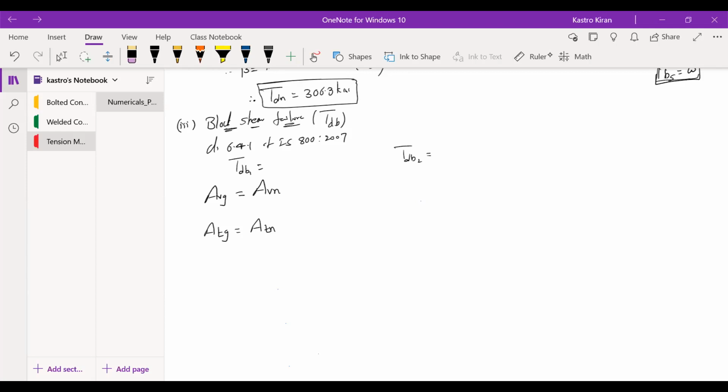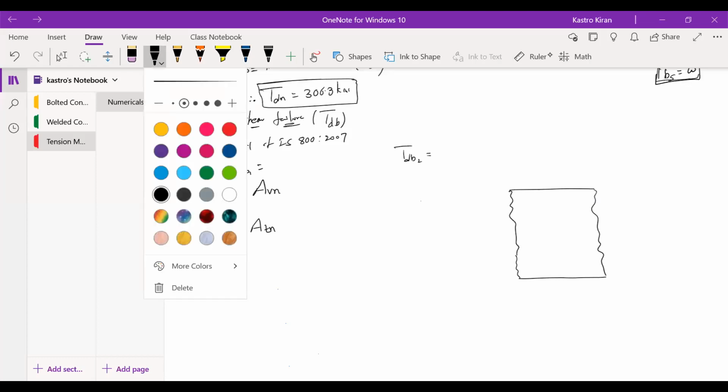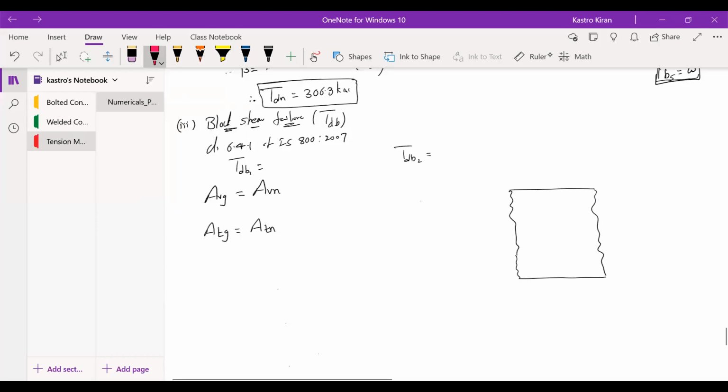Now what they have said here is, I'll just draw the diagram of the plate on the angle section for your understanding purpose. This is how you can see it, right? So on the top, the average length of the weld is taken as 225 mm. That means the length of the weld is provided on the top.